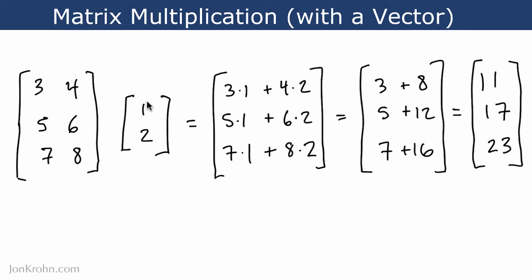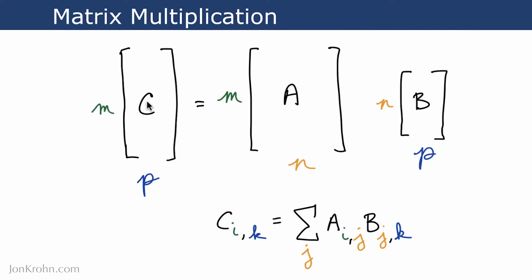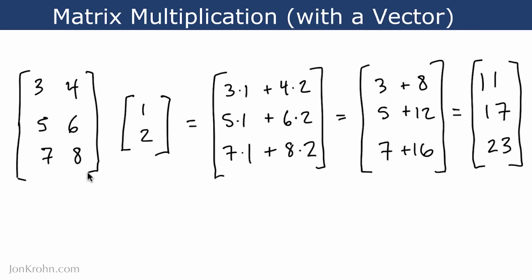Remember that in order to perform matrix multiplication, the number of columns of the first matrix must be equivalent to the number of rows of the second matrix. And we have two columns in the first matrix, two rows in the second matrix. All right, having established that we can perform matrix multiplication, let's actually carry it out.